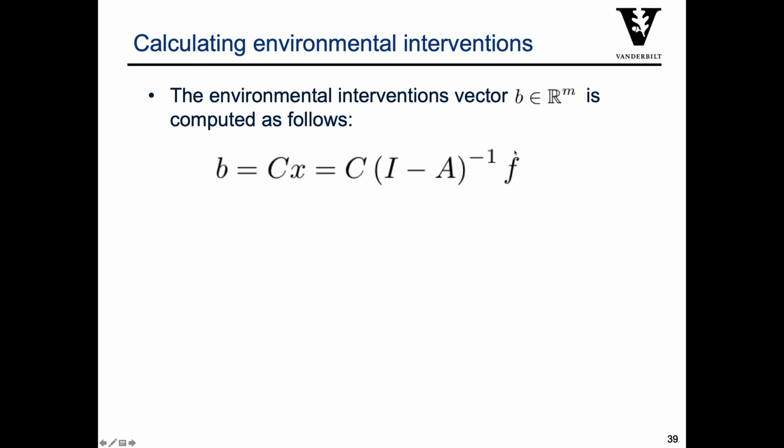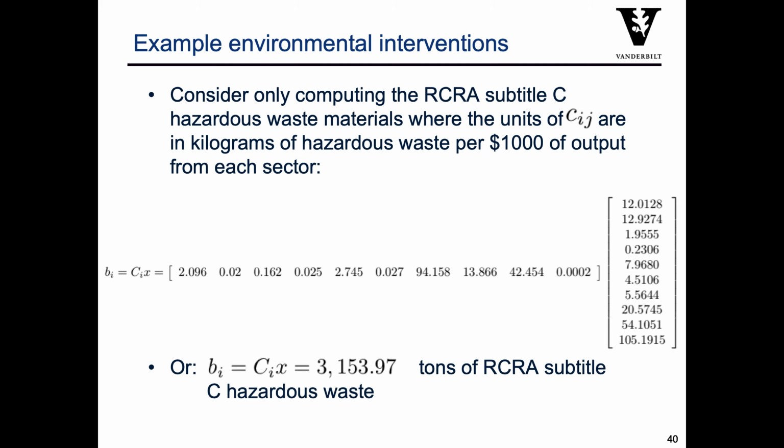Per dollar of spending in the final demand F, what will the actual environmental interventions look like? So we can directly calculate which processes per dollar of spending are worst for the environment. And the same tricks we did for the matrix S we'll do for this new matrix, which is C times S, or C times I minus A inverse. Okay, so these are the same kind of tricks we've been playing now on several occasions.